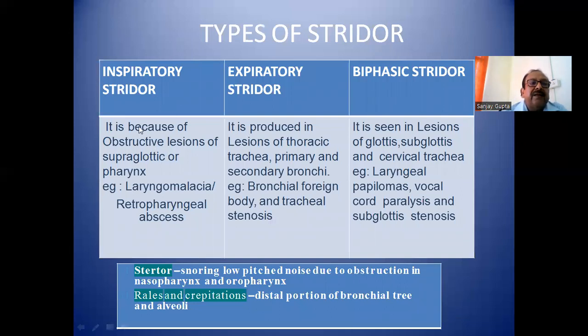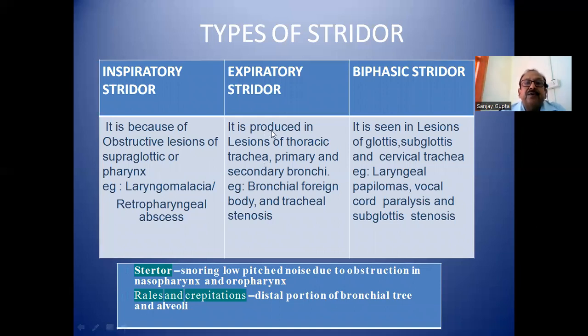Understanding it again, the inspiratory stridor is because of lesions causing obstruction at the level of supraglottic or pharynx. For example, congenital conditions like laryngomalacia or inflammatory conditions like retropharyngeal abscess.